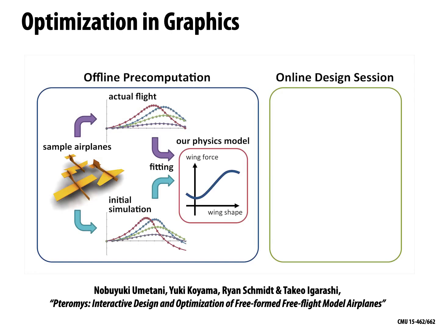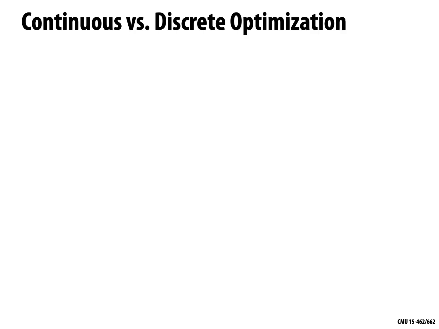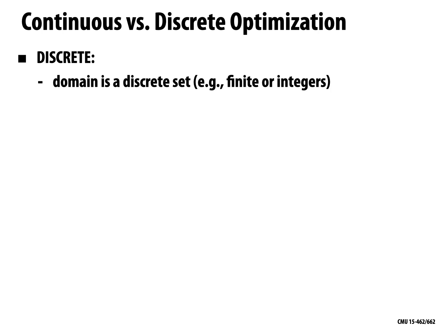So let's talk about different kinds of optimization. Let's have a little bit of a taxonomy of what optimization problems can look like. For one thing, a big distinction between different types of problems is whether they're discrete or continuous. In a discrete optimization problem, the domain is a discrete set.